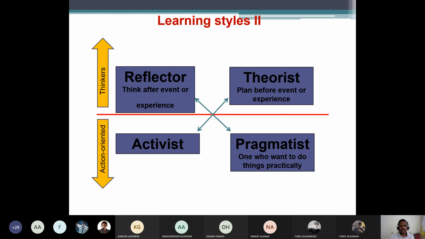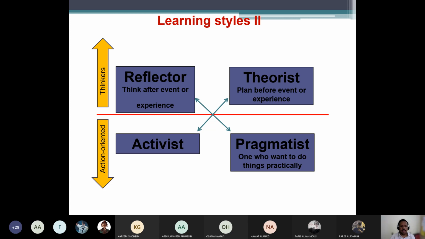This is called as activist. Whereas pragmatists are those who read the brochure as well as perform accordingly. They will be performing it accordingly. They are called as learning style of pragmatist. Although it looks to be difficult words, but just remember the meaning. And you have to see the explanation only.